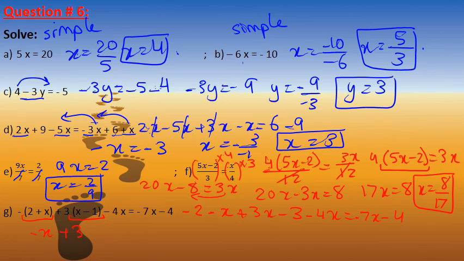Minus x plus 3x minus 4x plus 7x is equal to minus 4 plus 2 plus 3. Minus x plus 3x is 2x, minus 4x is minus 2x, plus 7x is 5x, equal to minus 4 plus 5 is 1, so x is equal to 1 over 5.